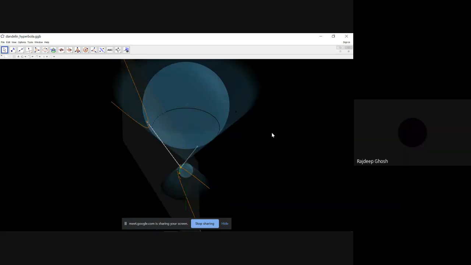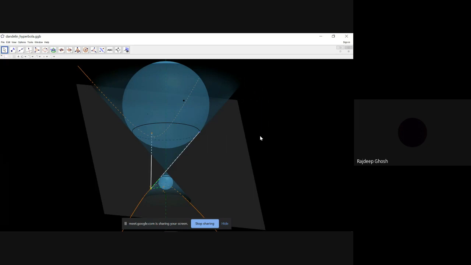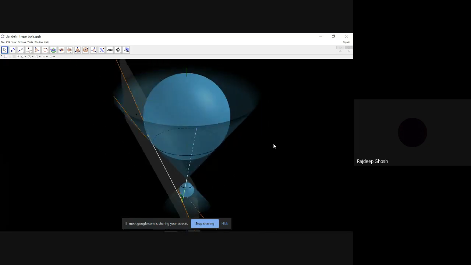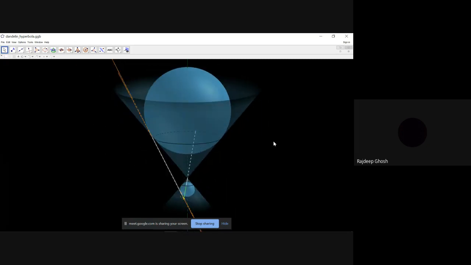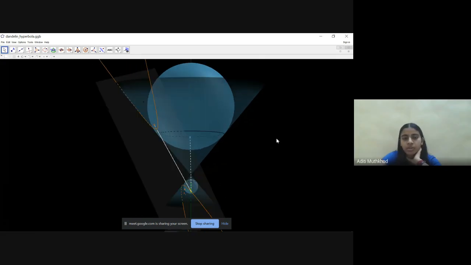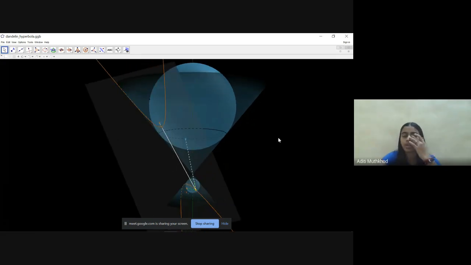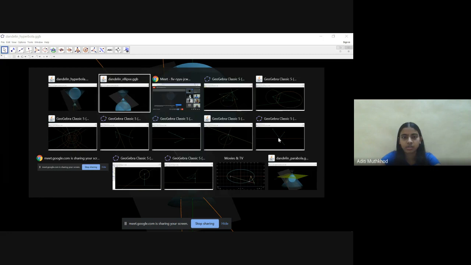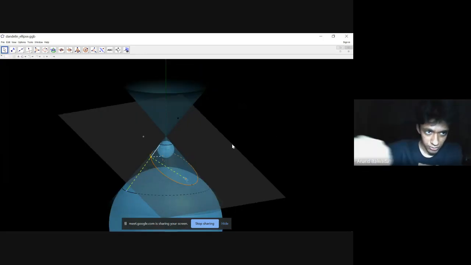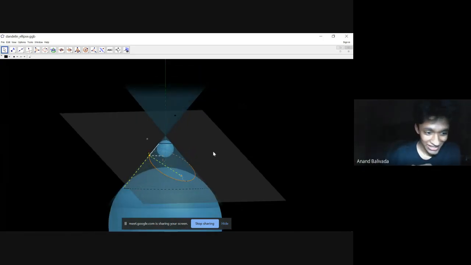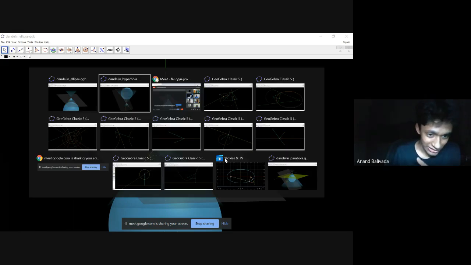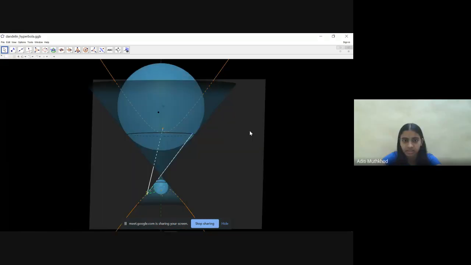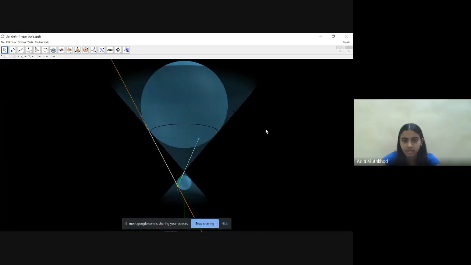Could you just say what F1 and F2 are, with respect to the cones and everything? Do you remember what F1 and F2 were in the previous one? Yeah, it's where the plane is tangent to the two Dandelin spheres, even for the hyperbola case. So they are the same things.